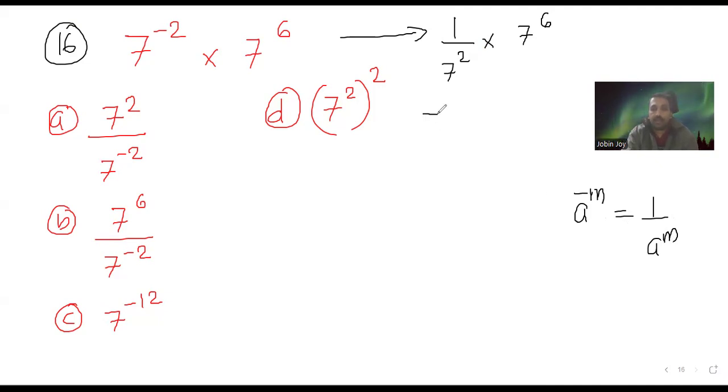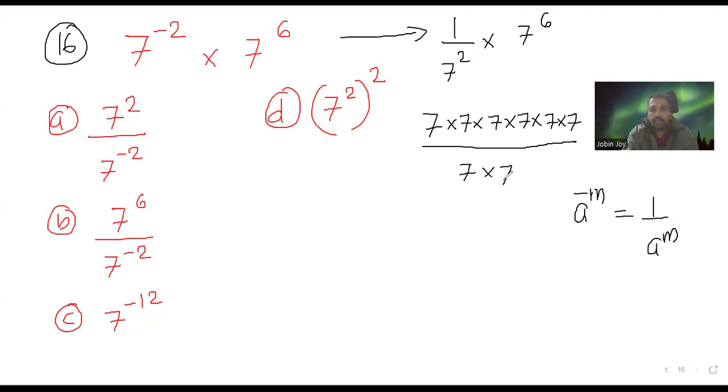So this one I can write 1 by 7 raised to 2 into 7 raised to 6. So 7 raised to 6 means 1, 2, 3, 4, 5, 6, the whole divided by 7 raised to 2. 7 raised to 2 means 7 into 7. So I will cancel 2 sevens from the denominator and the numerator. So balance is 7 raised to 1, 2, 3, 4. 7 raised to 4. So the final answer is 7 raised to 4.